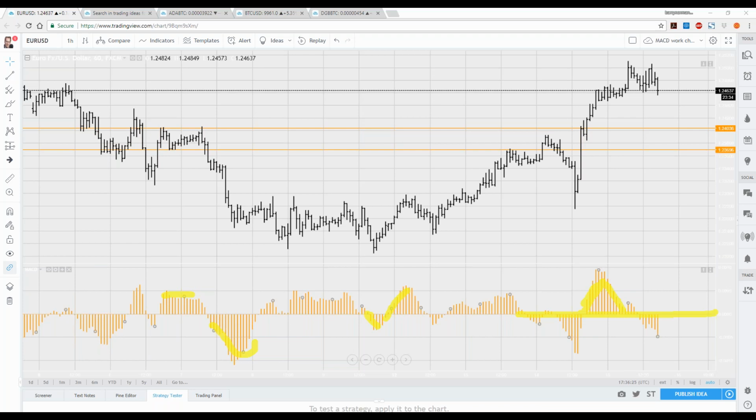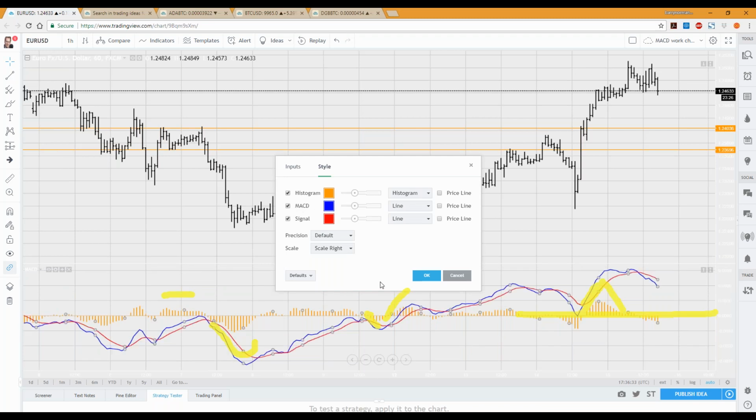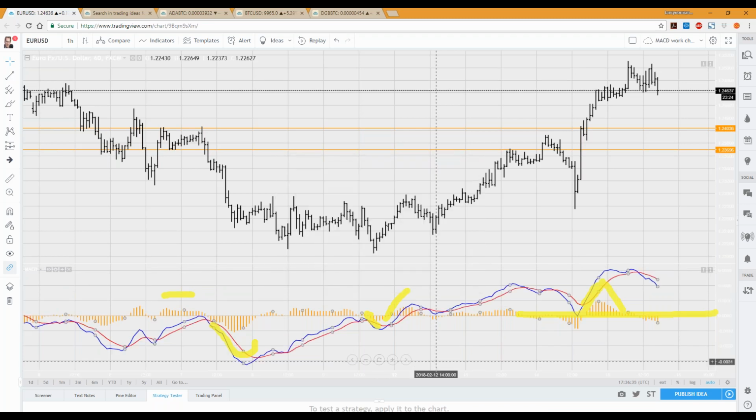But that's how you use the histogram, but you still need to keep the signal line on your charts, because it's going to give us more information in a minute, because MACD gives us convergence and divergence as well as overbought and oversold indicators on top of buy and sell signals.